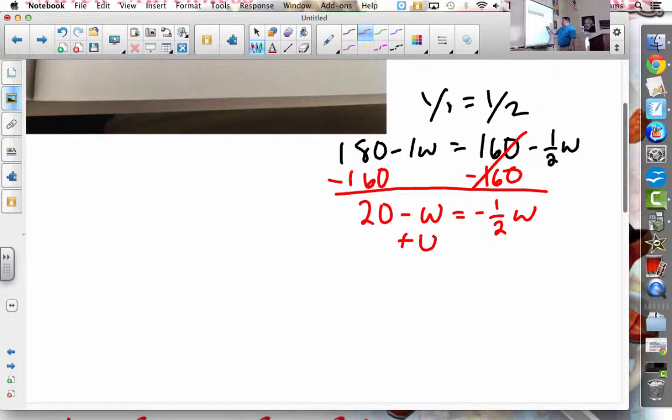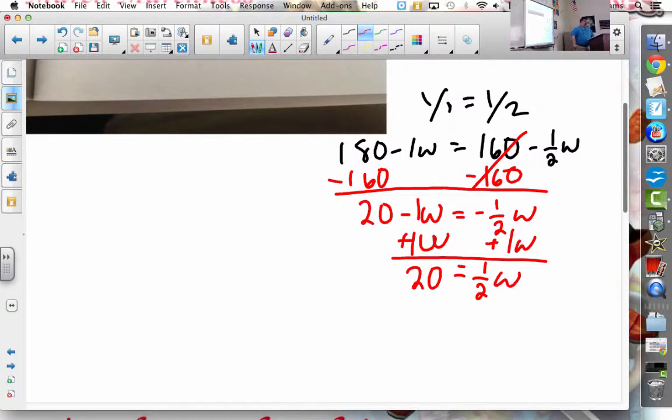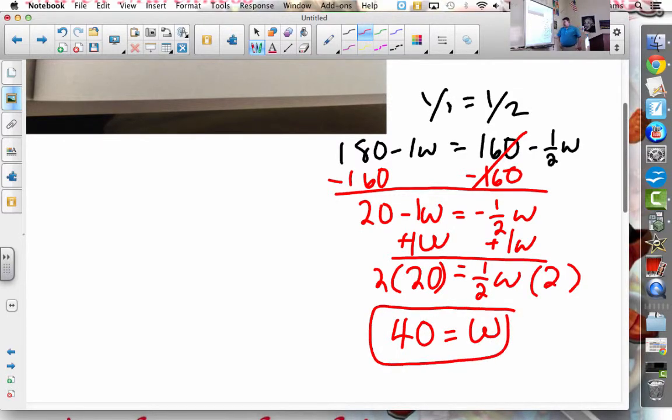If I add 1w to both sides, I get 20 is equal to 1/2 w. But I don't want 1/2 w, what do I want? 1w. So I multiply this by 2, multiply this by 2, and I get 40 is equal to w. I do math.